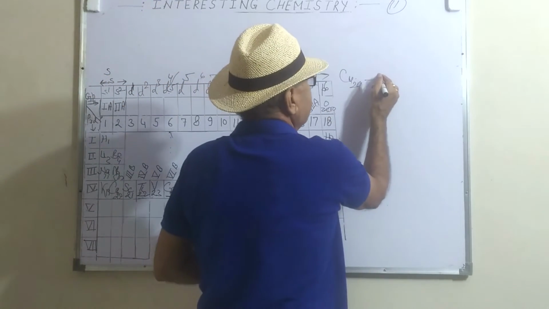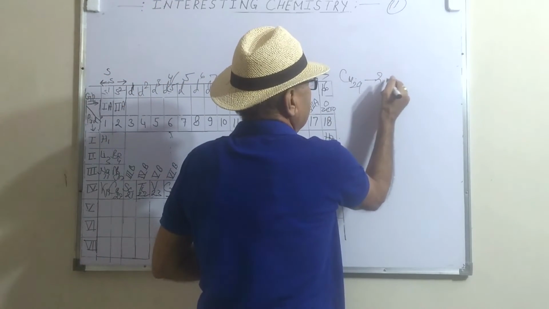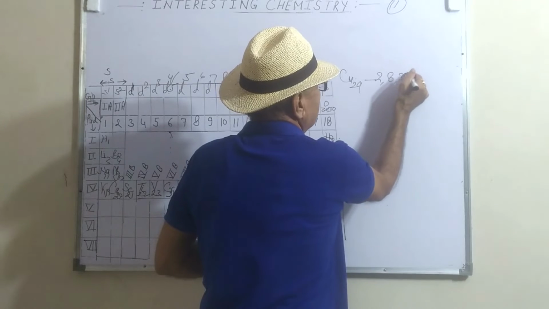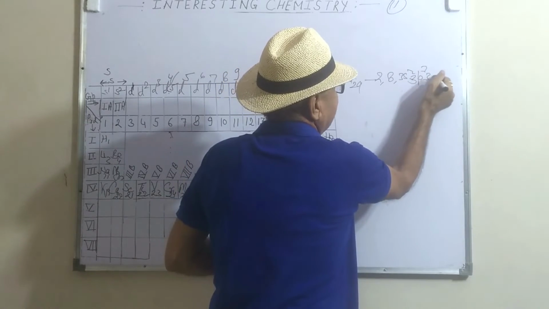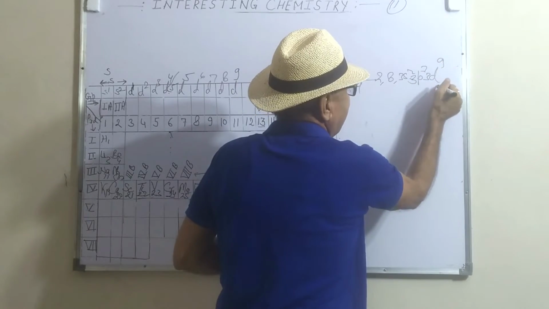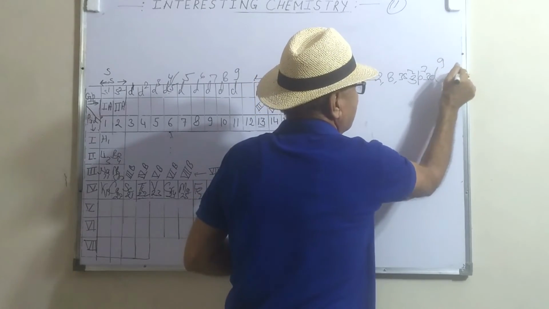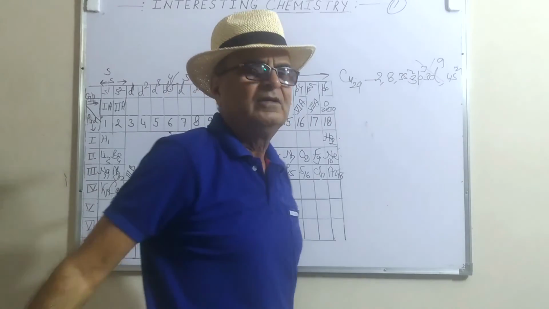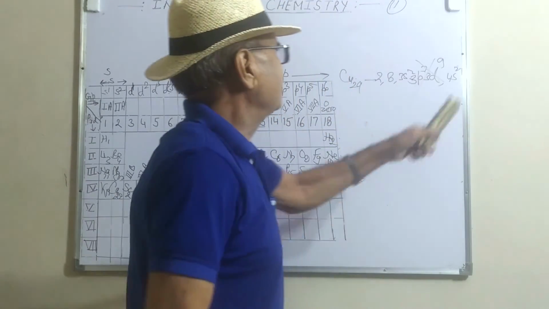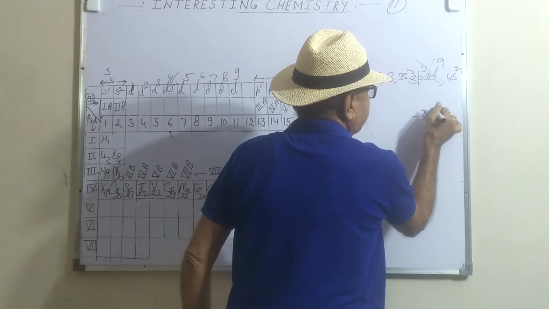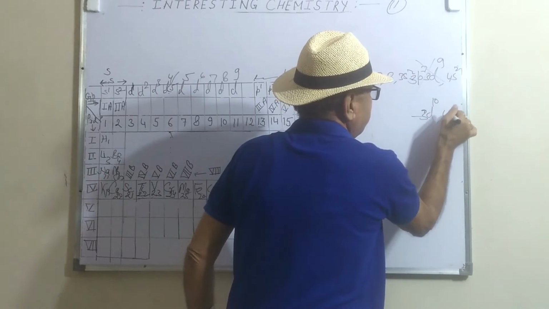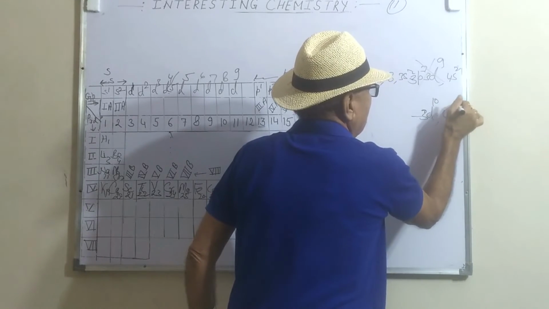Cu29 would be written as 1s2, 2, 8, 3s2, 3p6, 3d9 and 4s2. But it is again wrong. It is also exceptional. The correct one is 3d10 and 4s1.